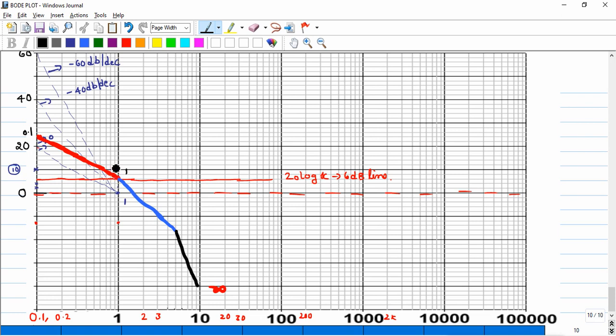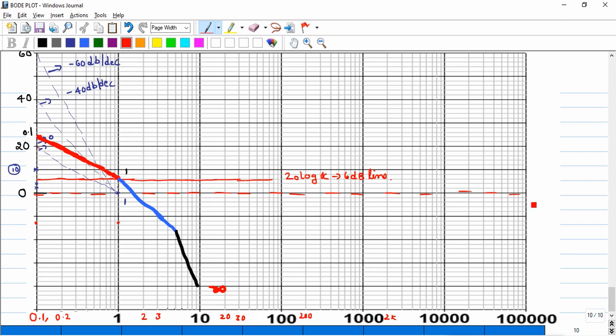In a similar way, we need to construct the phase angle plot in the same graph. For that we shall do the marking. Our reference line for the phase angle plot will be, let me draw that, minus 180 degree.